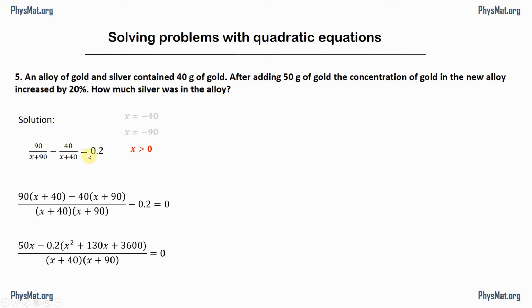So now we do standard simplification. We first transfer all terms to the left part of the equation. We do cross multiplication here. And then we do cross multiplication with 0.2 with this common denominator. And we get our equation where our numerator should be equal to 0.